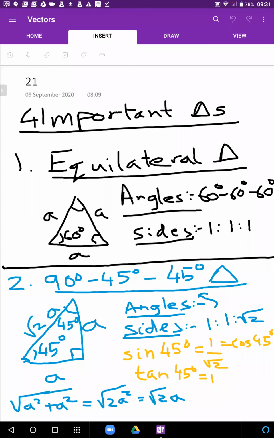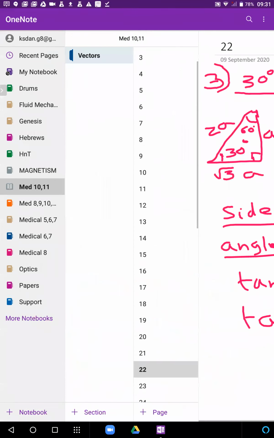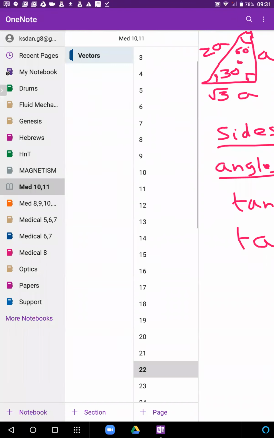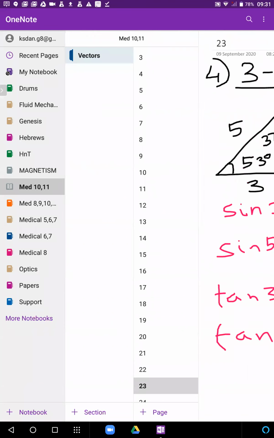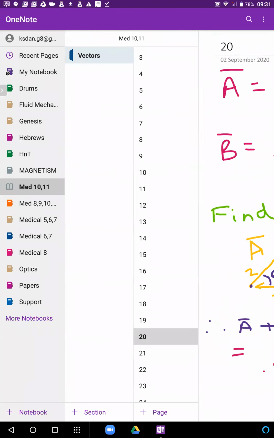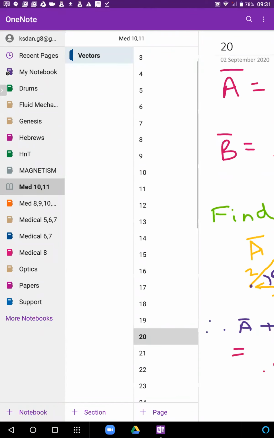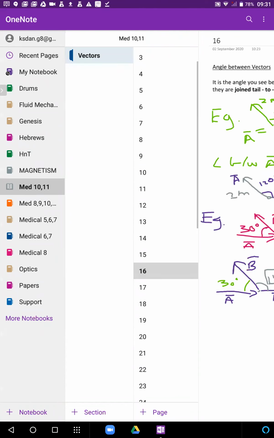There are I believe four standard triangles. So in the next class, which I think is tomorrow itself, we'll go over those four triangles as well. Okay? So again, so far no homework.